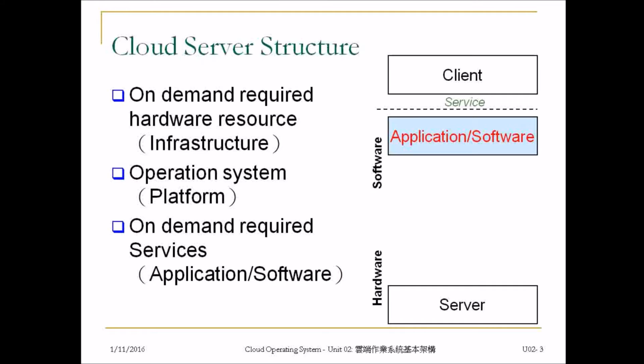However, a client user can try to rent the on-demand required computing resource from the data center. So the server will provide the computing resource for our client user. The on-demand required hardware resource, the infrastructure, will be a service for our client users. The CPU, the total amount of memory, and the storage space can be on-demand required or rented by the client user.